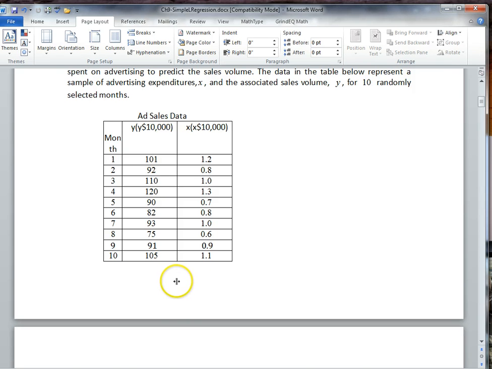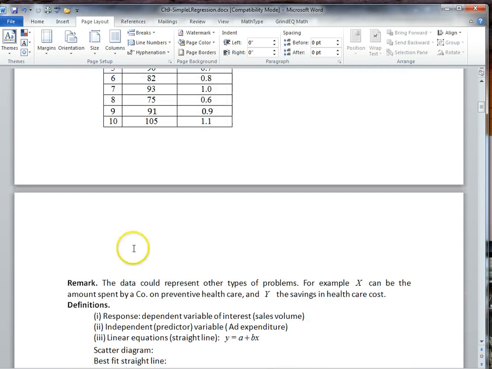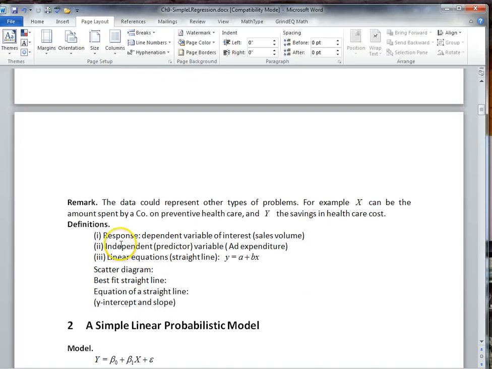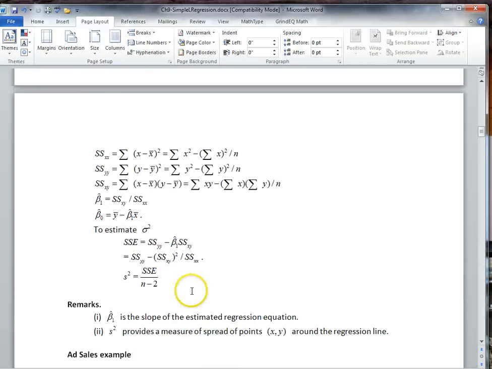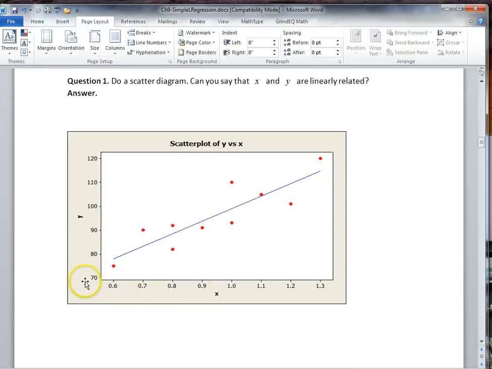So let me jump ahead and show you. We're going to graph this data, to do something called a scatter diagram. And using that scatter diagram, I'm going to draw a best fit line and then find the equation of that best fit line. So that's a lot of work here, and so that's what we have. We have our data here, these red dots.